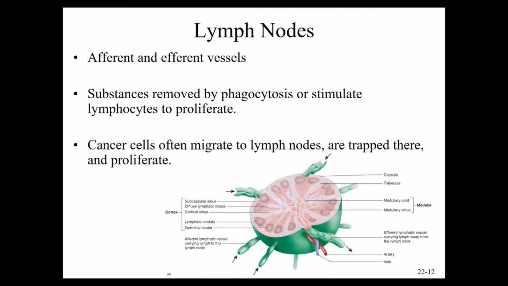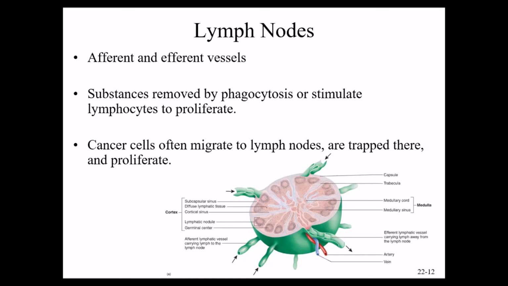They have vessels coming into the lymph node, and those are afferent. That means they're going toward a structure, and you have a vessel coming out called an efferent vessel that's exiting the structure. And like I mentioned before, you have phagocytes there, and then you have dendritic cells that help to stimulate or activate your T cells and your B cell response.